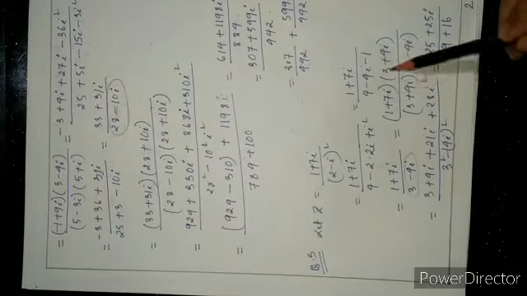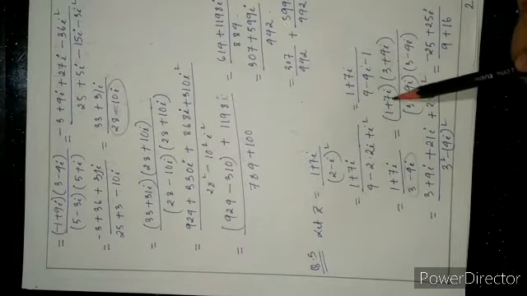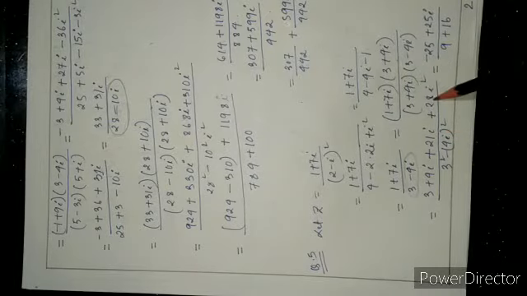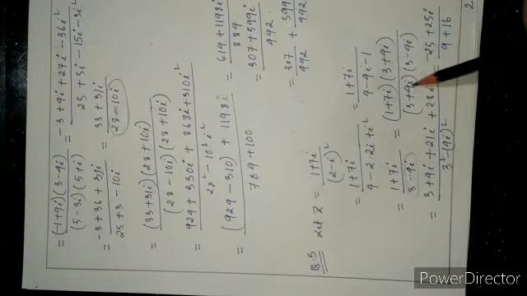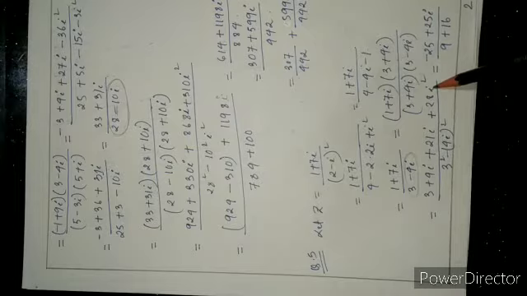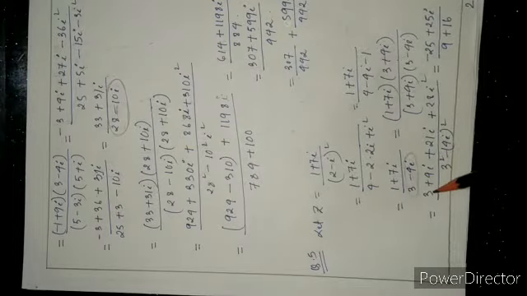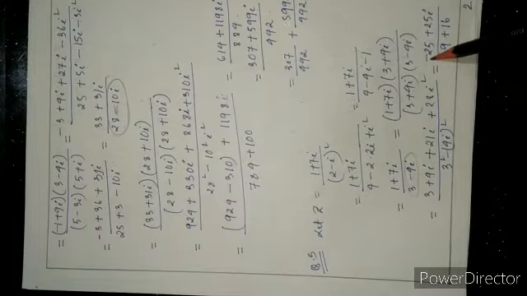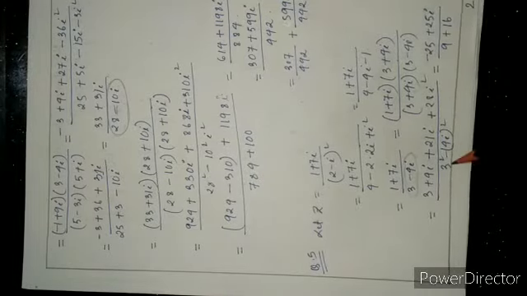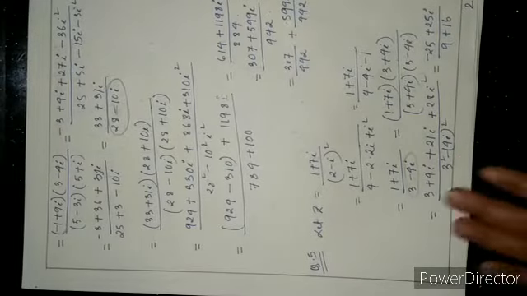Then find the sum of this product. 3 plus 4i, 7i multiplied gives 21i, plus 7 into 4 is equal to 28i into i is equal to i square, and it is of the form a plus b, a minus b equals a square minus b square. 28i square. By putting i square is equal to minus 1, we have 3 minus 28 is minus 25, and 4 plus 21 is equal to 25i, and 9 plus 16 is 25.